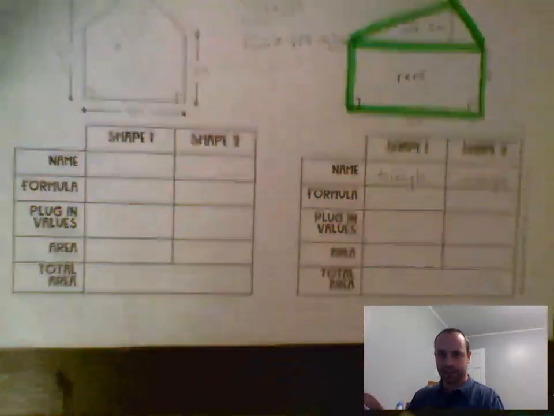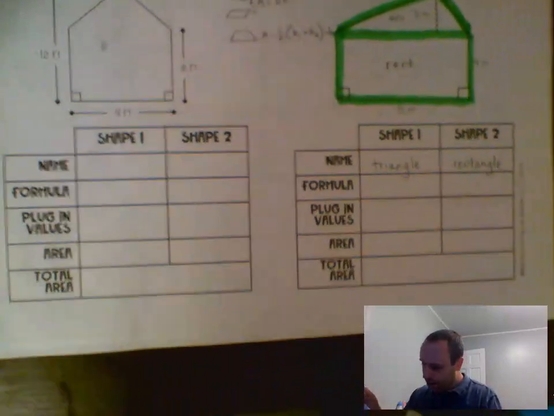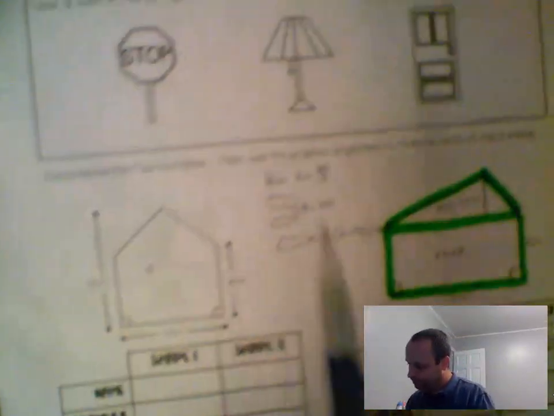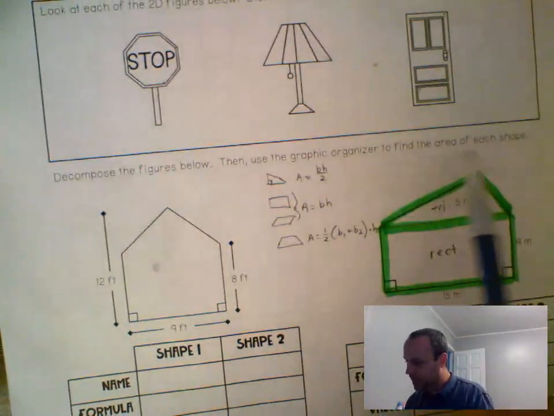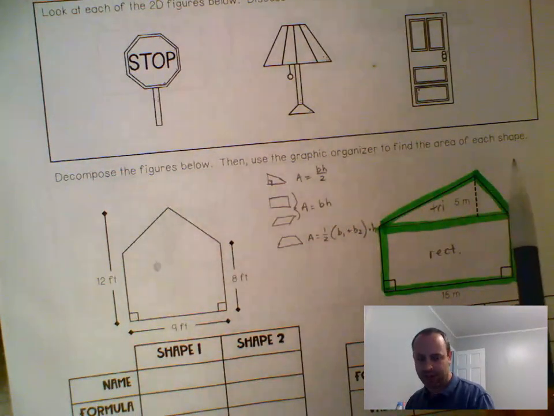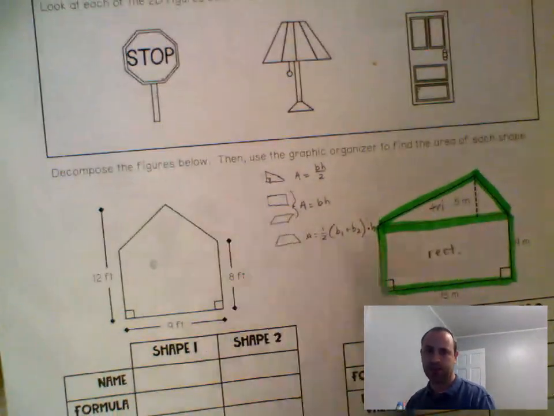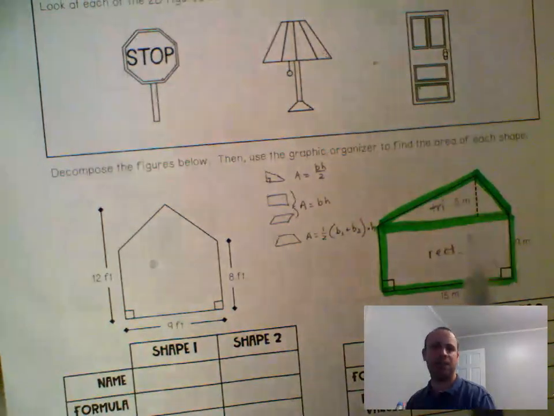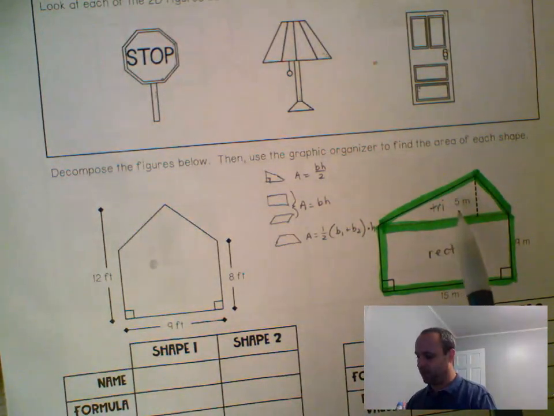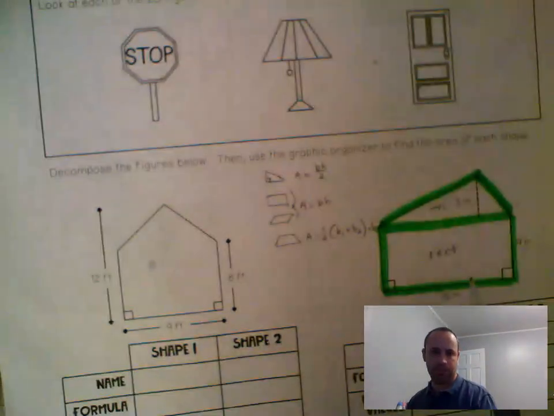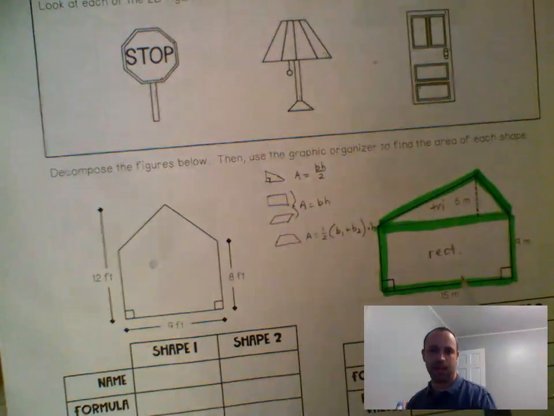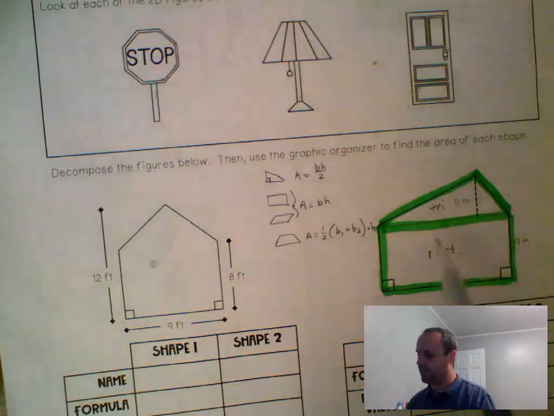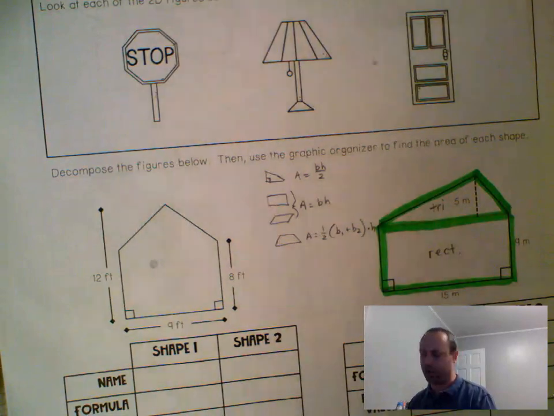The directions want you to find the area of each shape. They want you to decompose the figure. Decomposing means to put them into the different shapes, or take them apart. So this one big shape I'm taking apart into a triangle and a rectangle.